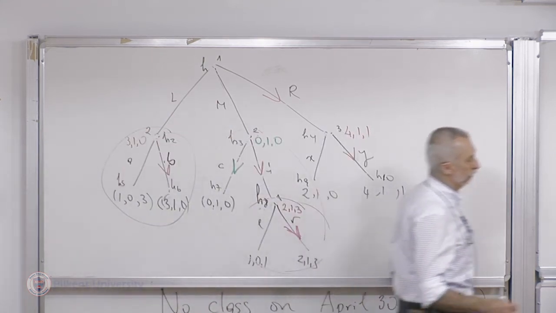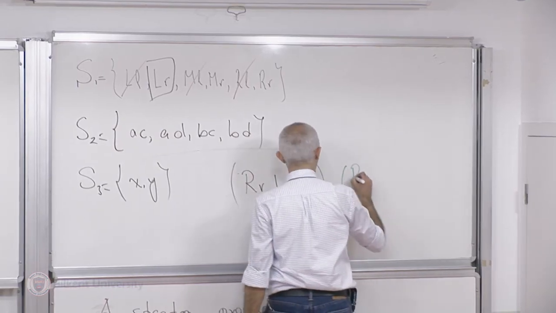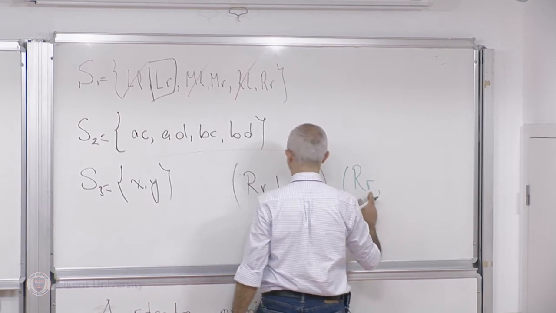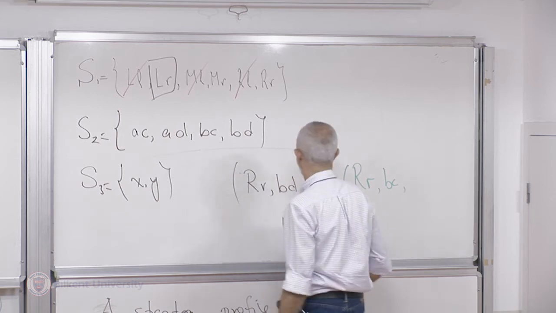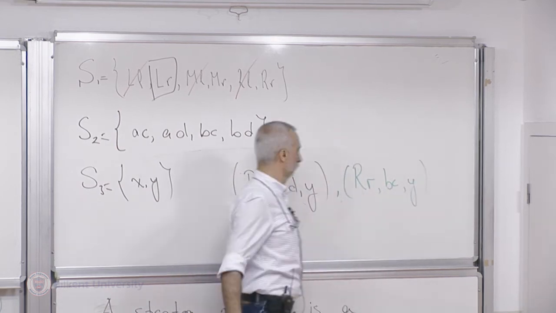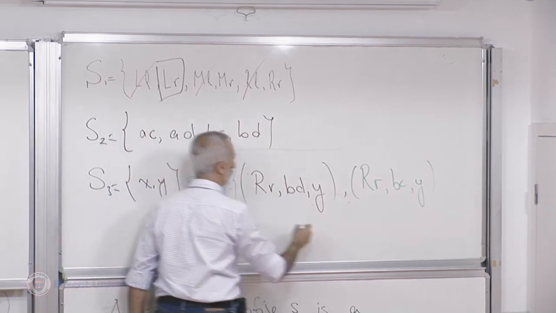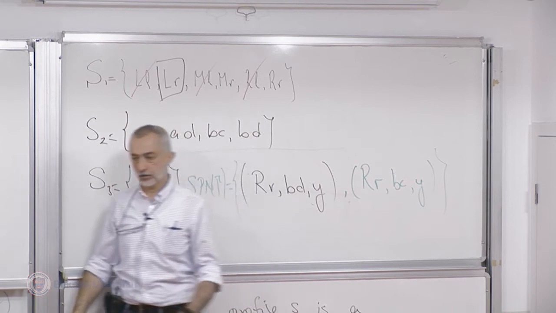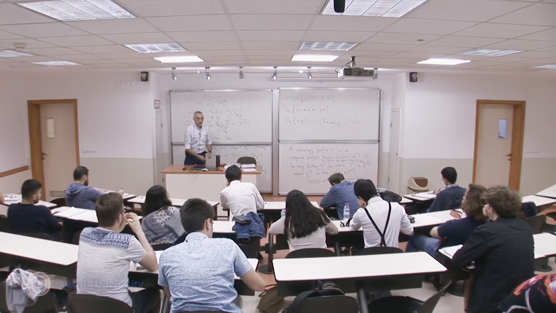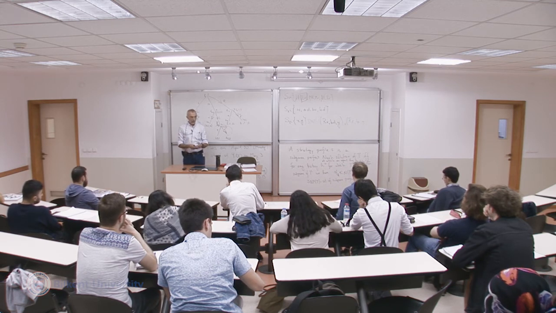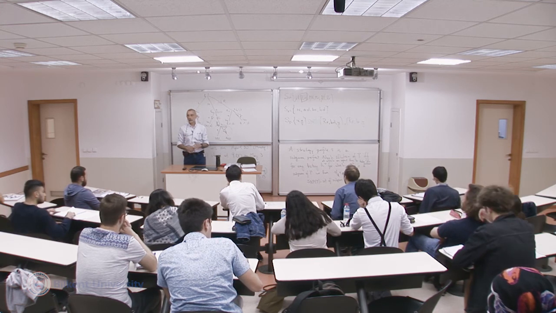But it means that we have another subgame perfect Nash solution, which is R, capital R, small r for player 1, BC for player 2, and Y for player 3. So the subgame perfect Nash solutions of the game gamma is the set consisting of these two strategy profiles. Okay? So far, so good? Any questions?